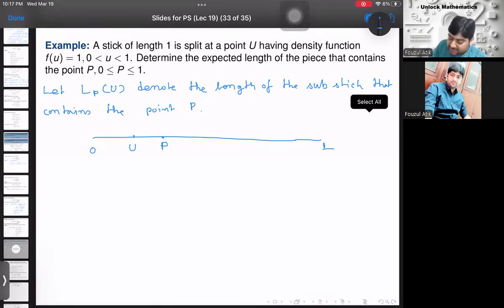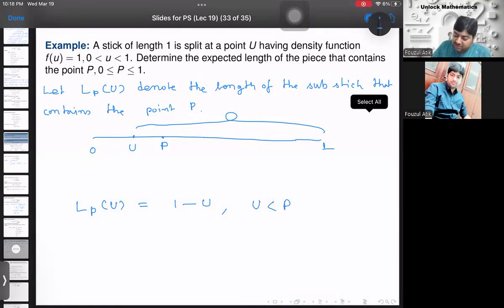This is the piece, and the total length is 1 and it is split at the point U, so the length of this portion is 1 minus U. Therefore we can write L_P(U) equal to 1 minus U whenever U is less than P.